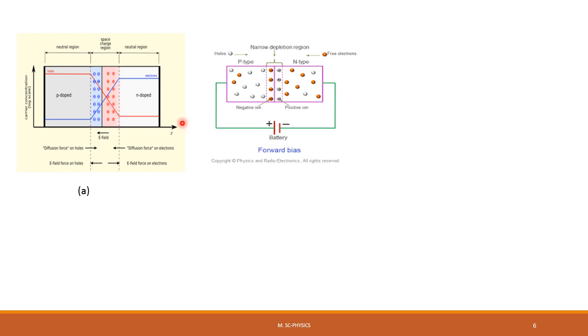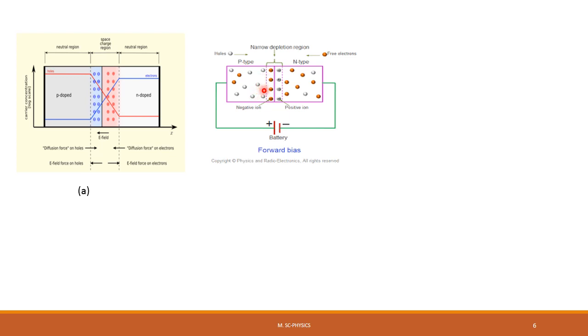In this forward bias condition, the majority and minority carriers are observed here. For the majority carriers in the p region, we apply the external field to this p region, positive. Therefore, holes are injected into this p region. Here in this region the electrons are present. Therefore, both holes and electrons are neutralized.